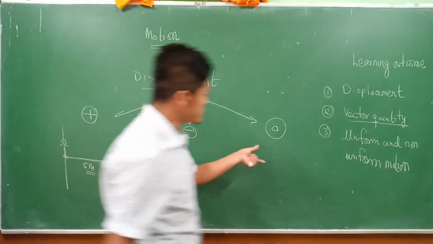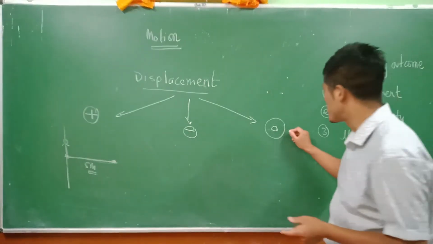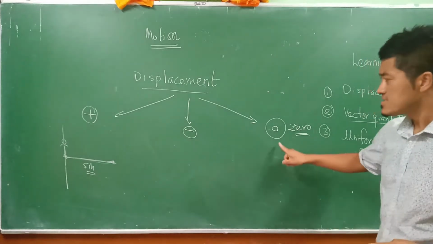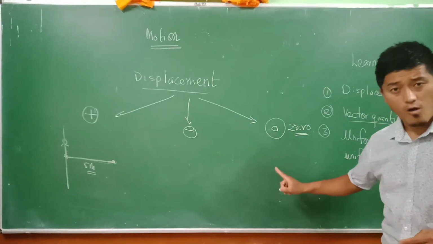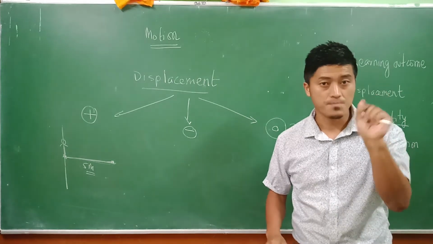Now talking in terms of displacement, in the case of zero, that is zero displacement. Zero displacement occurs when the initial and the final position are at the same place.